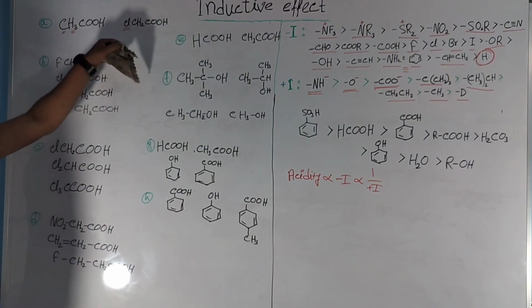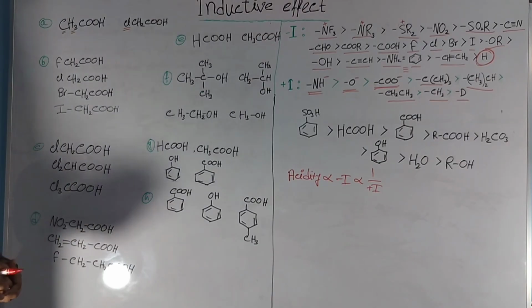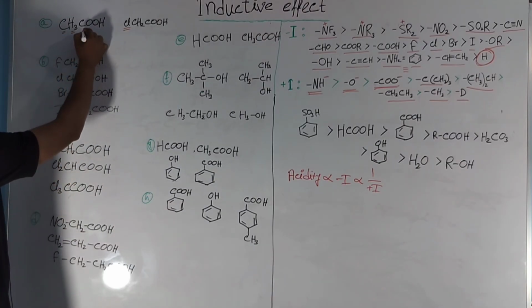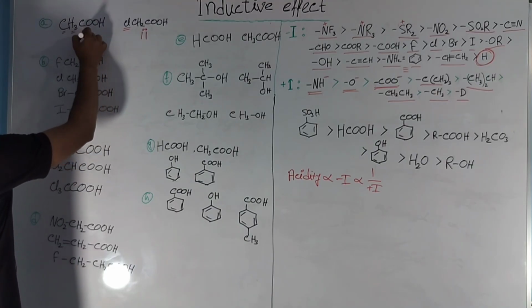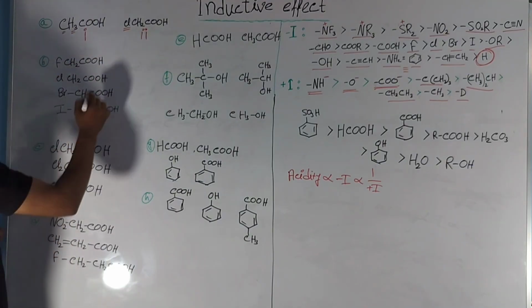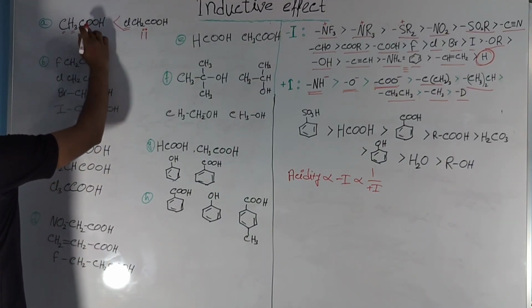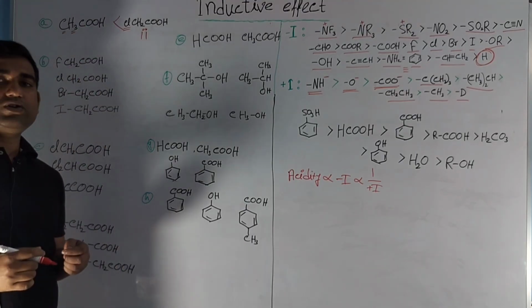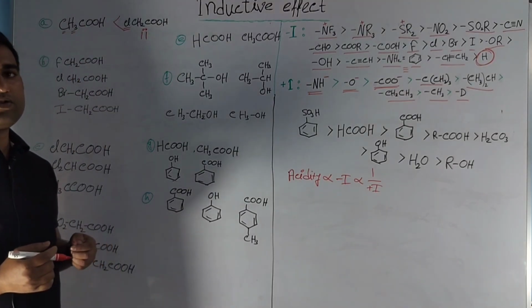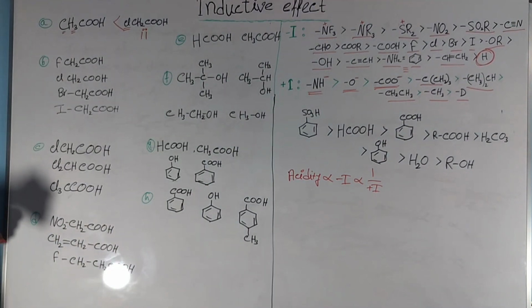So the second one is the more acidic. If I compare, that one is 1, that one is 2. Second one is the more acidic due to chlorine's electron withdrawing power being higher. So higher electron withdrawing power means acidity will be higher.